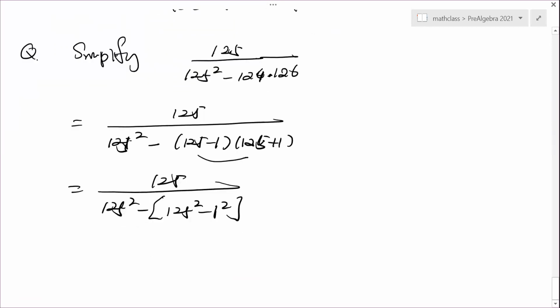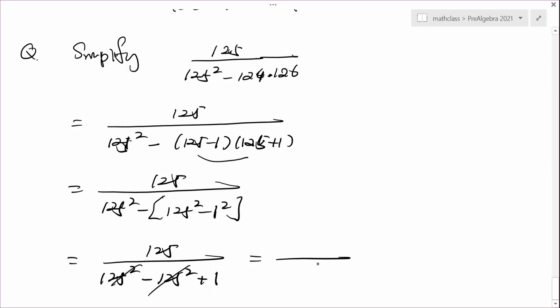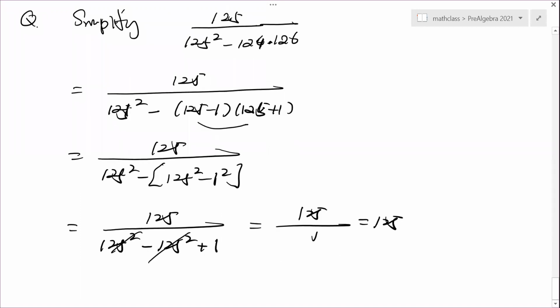Then you remove the parentheses, and it's going to be 125 squared minus 125 squared plus 1, and then this cancels out. The denominator is just 1. So the answer is 125.